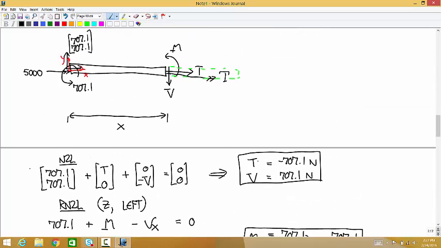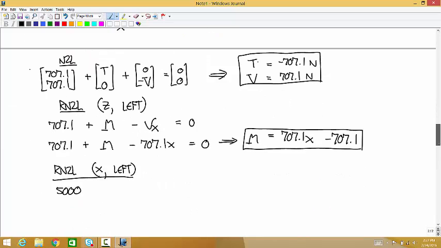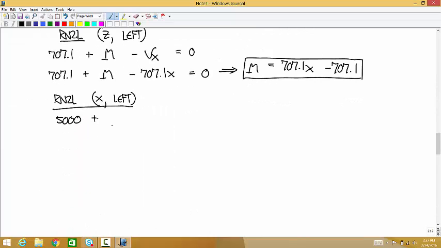None of these other things produce moments about the x-axis, and then just the torque T. And so T is equal to negative 5,000 Newton meters.